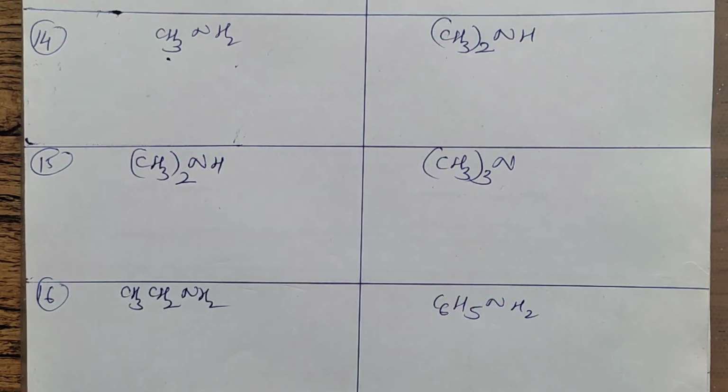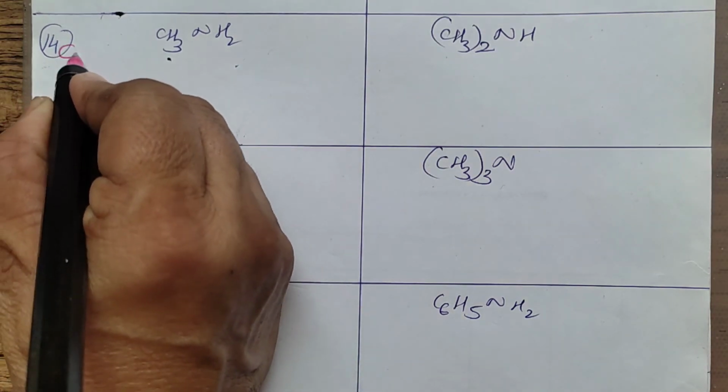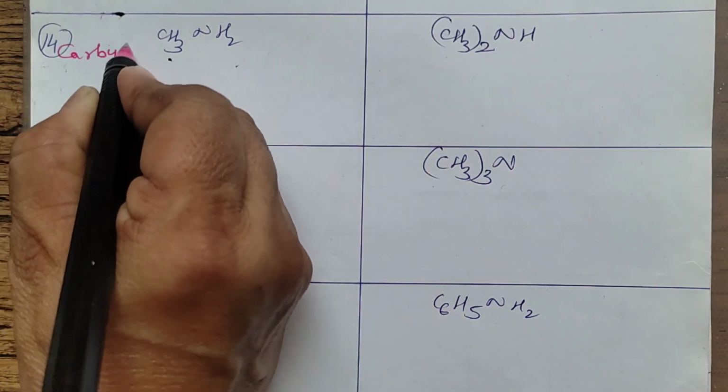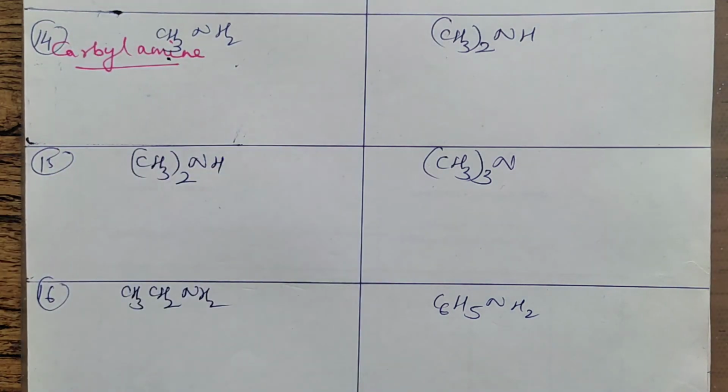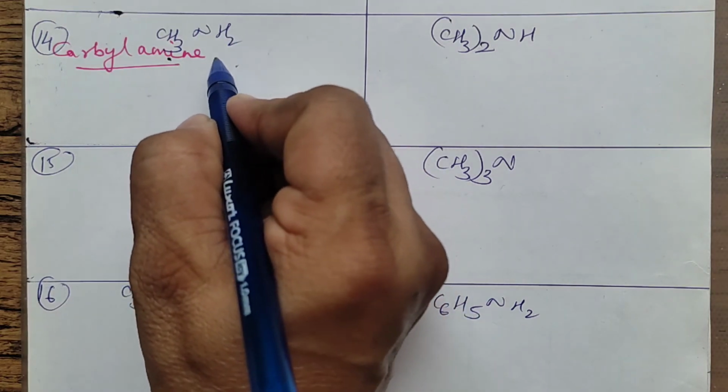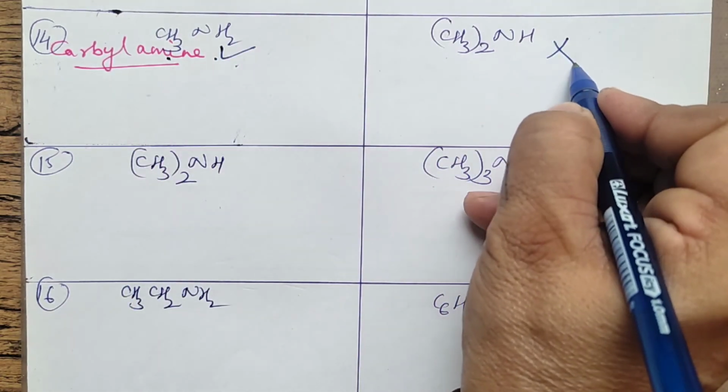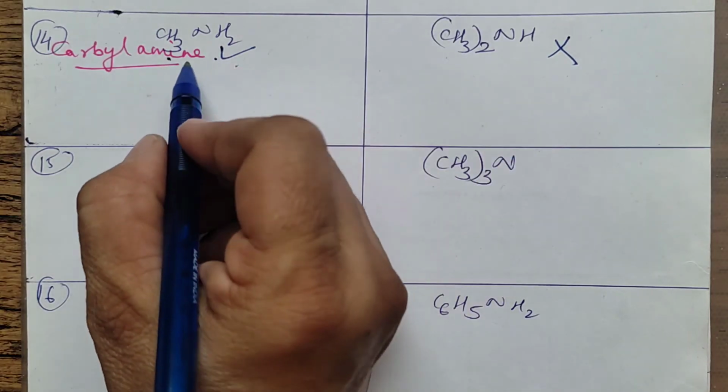To distinguish between 1 degree and 2 degree amine, you can make use of the carbylamine test. Whether aliphatic or aromatic, 1 degree amines will give this as a positive test. So this one will not give, it is 2 degree. This one will give.